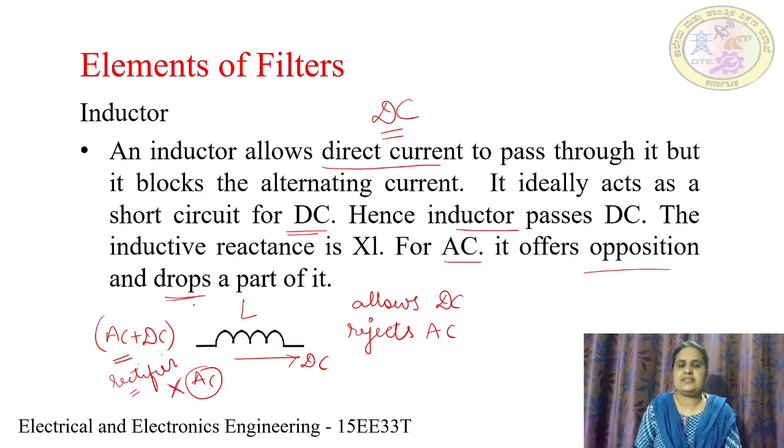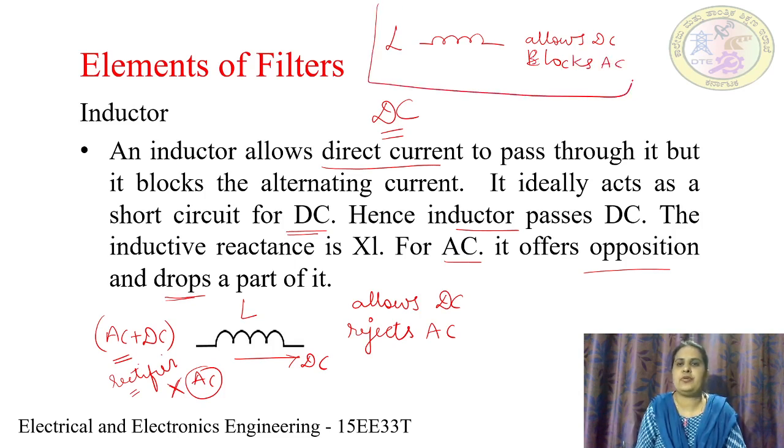That is the basic function of an inductor. So, we have to remember that the inductor L allows DC, blocks AC. This is the part to remember in case of the inductor.